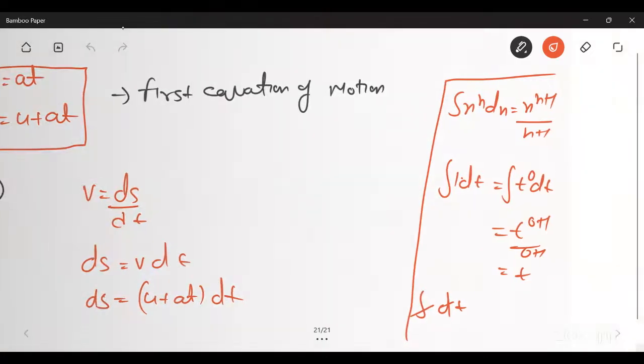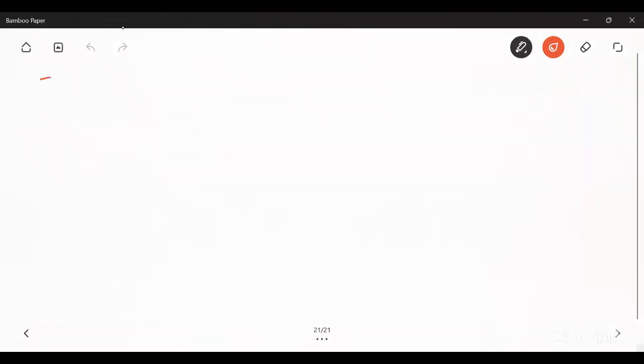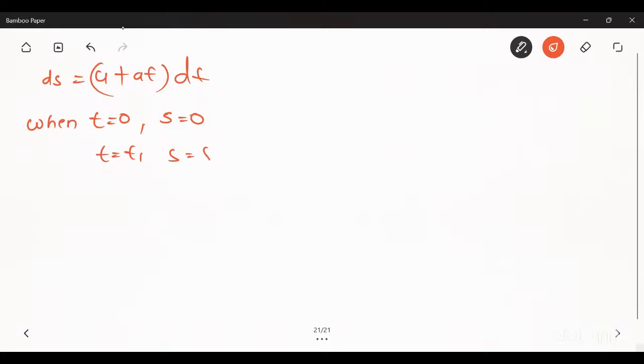So ds is equal to (u plus at) dt. When t is equal to 0, the displacement will be 0. When t is equal to t, the displacement is equal to s.